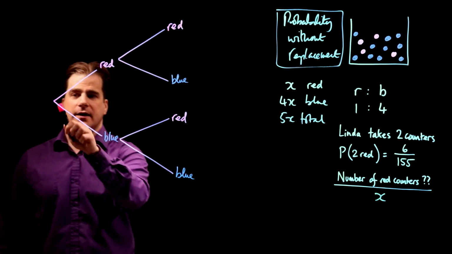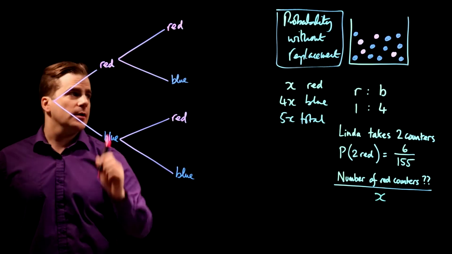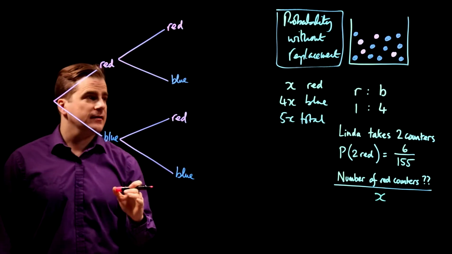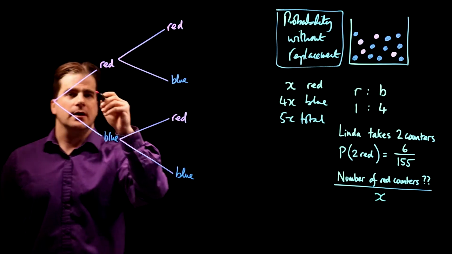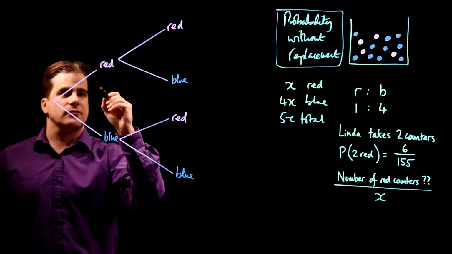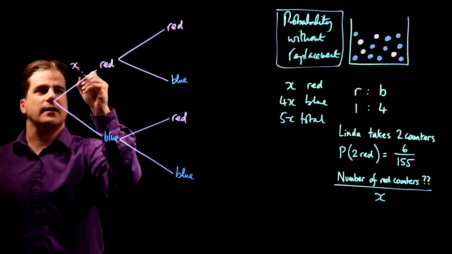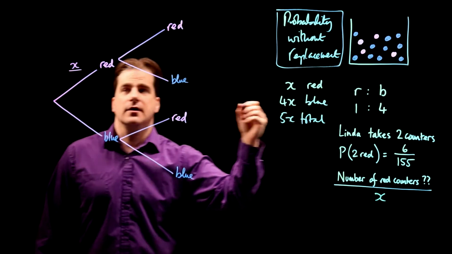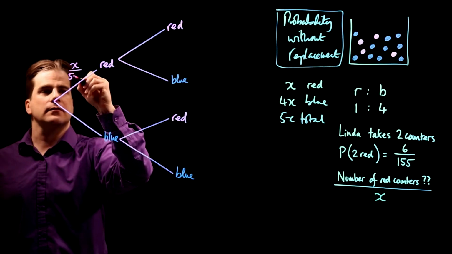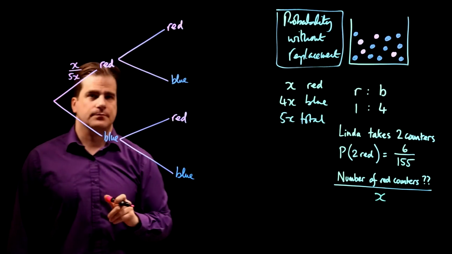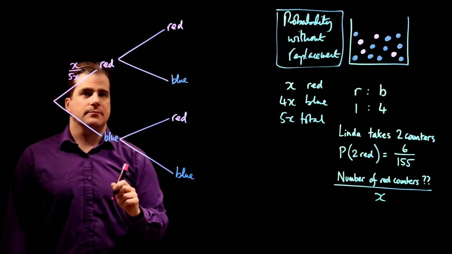So with the first pick here, it's going to be either red or blue. Probability of choosing a red counter is, there are X red counters, so it's X out of a total in the box of 5X.